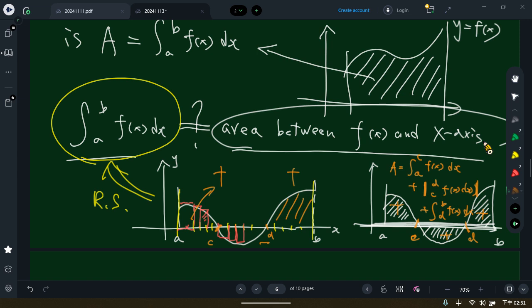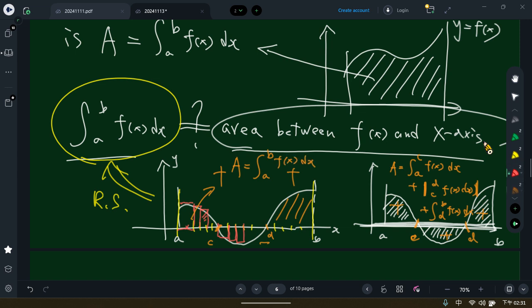The positive parts we keep the same, but for this part, since it comes with a negative value, we need to take the absolute value. But for the left-hand side, it is simply the integral from a to b of f(x) dx.